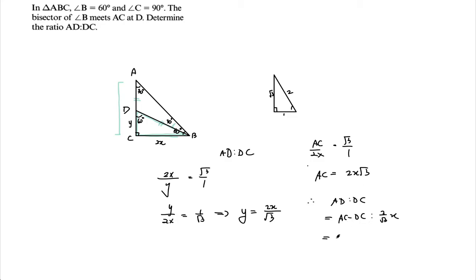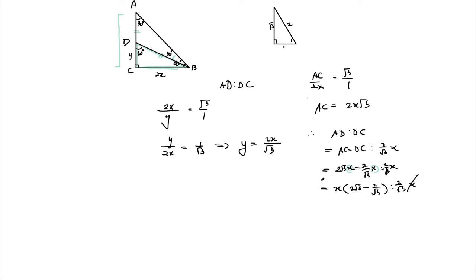AC was right here, 2 root 3 x. And DC, we just subtract this. You can factor out x from there. So x is not important.